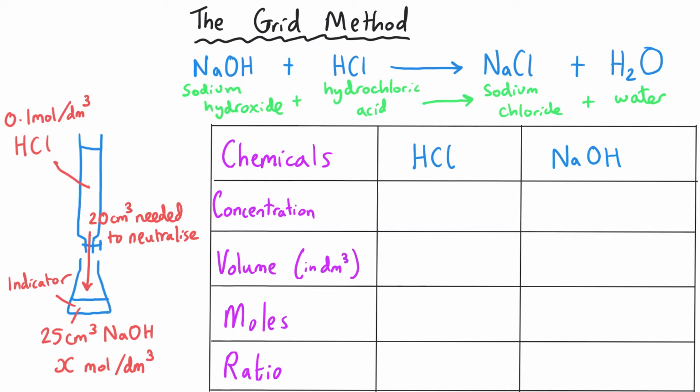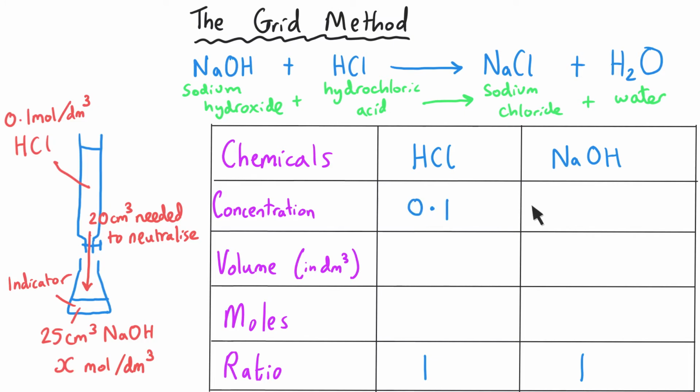The mole ratio is simply the coefficients, the multipliers that are in the equation. Remember, there are no numbers here, so these are both 1. What that means is 1 mole of sodium hydroxide requires 1 mole of hydrochloric acid to react with it. Then if we put the rest of our information into the table, we know that the hydrochloric acid concentration is 0.1.